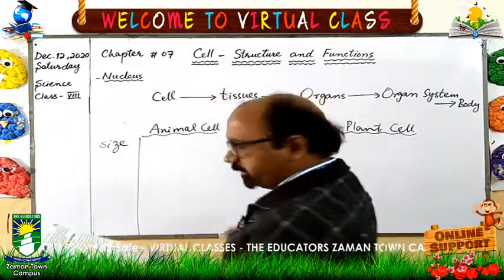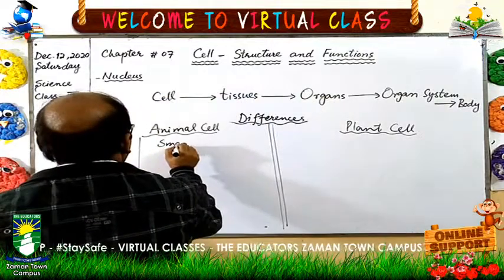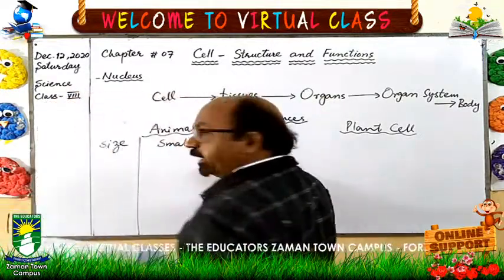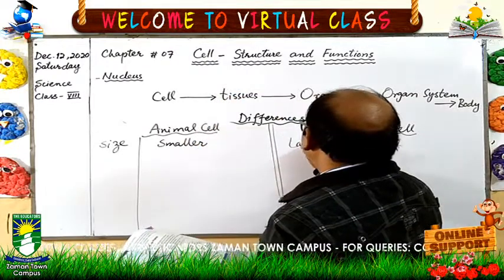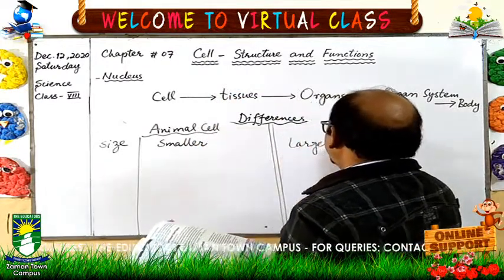Animal cell is generally smaller and plant cell is larger than animal cell.